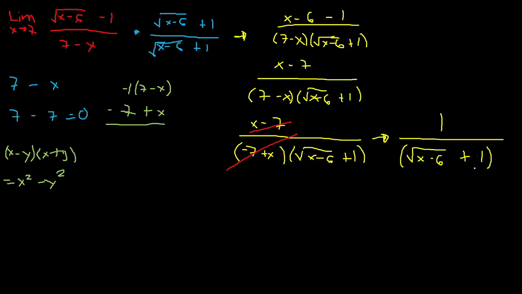Okay, so next is, so meron na tayong 1 over square root of x minus 6 plus 1. Yan. Okay, next, ito na, pwede na natin i-substitute yung function ng ating limit.